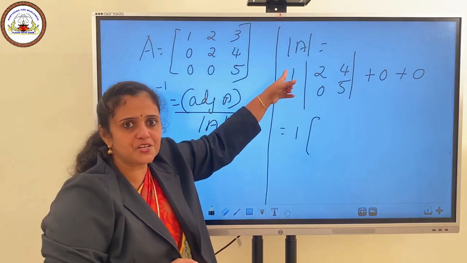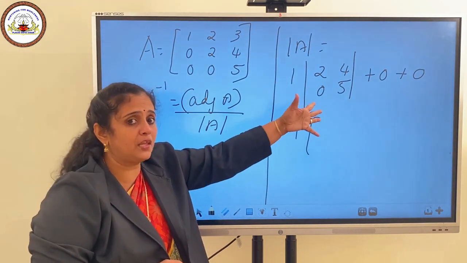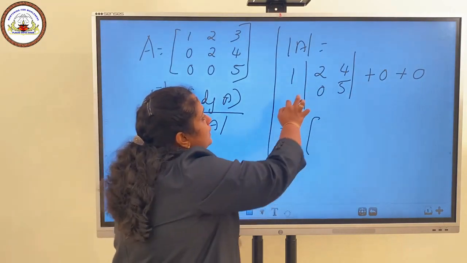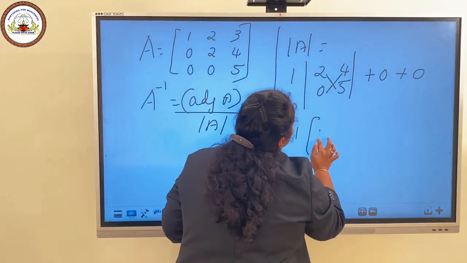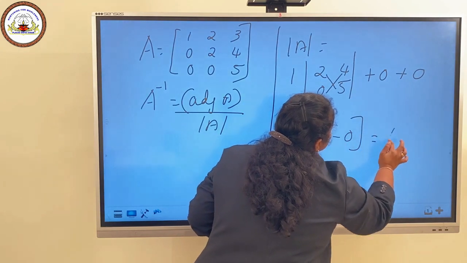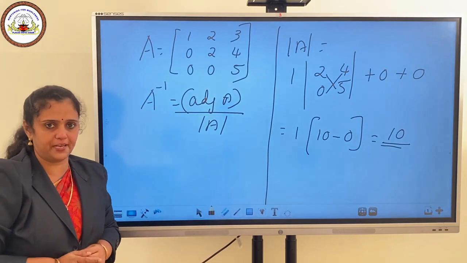The remaining elements are 0, no need to do the calculation. Then this is a 2 by 2 determinant. Cross multiply, that is 10 minus 0. The value of this determinant is 10. The determinant of A is equal to 10.